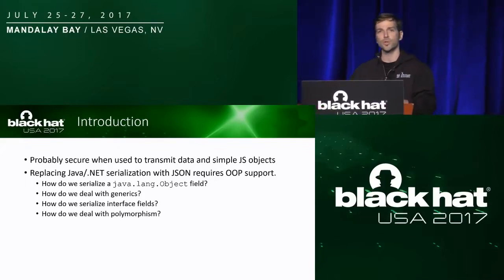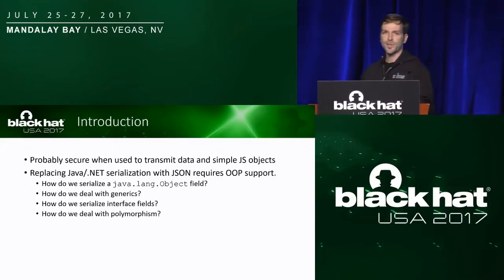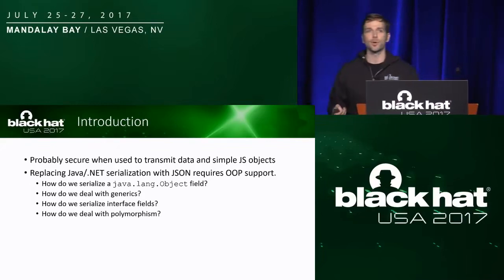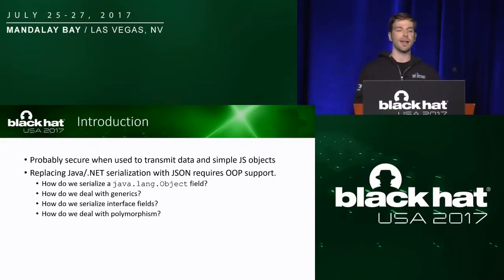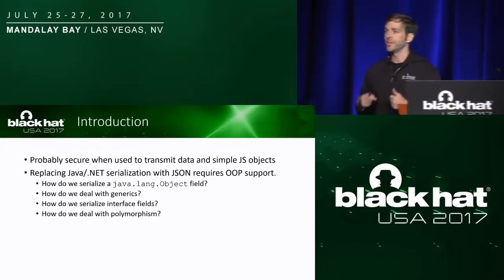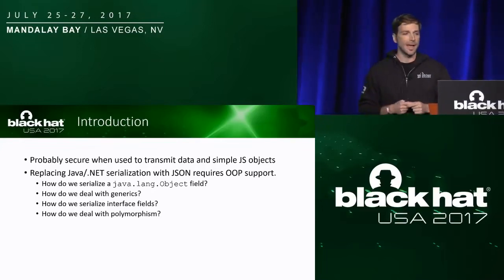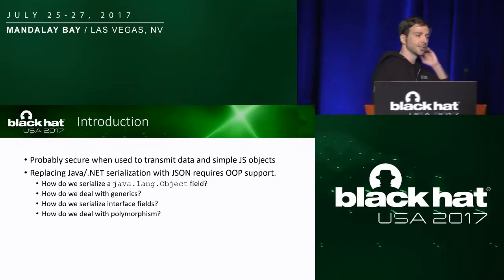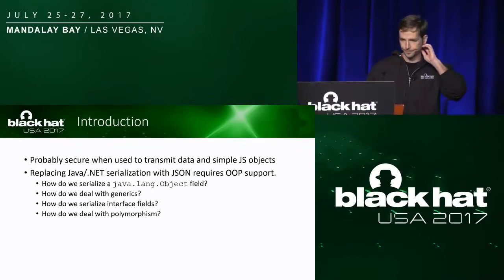And in order to do so, you need to deal with object-oriented programming features, like how I'm going to serialize a java.lang.Object, or how I'm going to serialize a System.Object in .NET, how I'm going to deal with generics, interface fields, polymorphism, and so on.